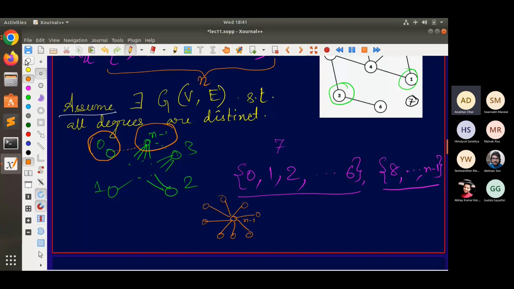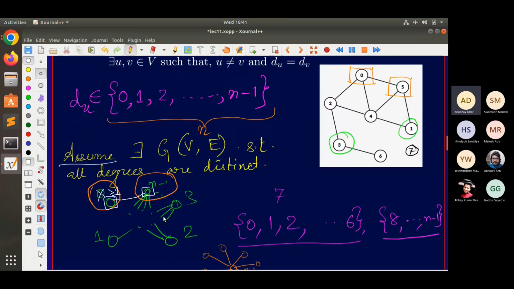But that contradicts the fact that this has degree 0. There is an edge that connects this vertex and this vertex, so the degree of this must be greater than or equal to 1. So the entire structure falls apart, and you can argue that there cannot be a graph such that all degrees are distinct.